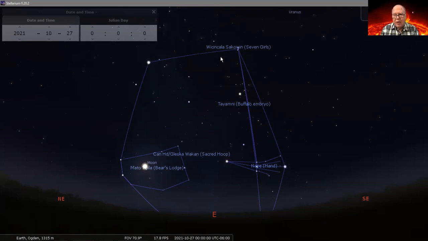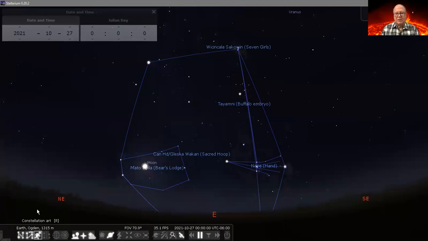And up here is Wisinkala Sakoan. I'm unfortunately not pronouncing that correctly, but it's the 7 girls. So again, the Pleiades, you can count 7 of them.